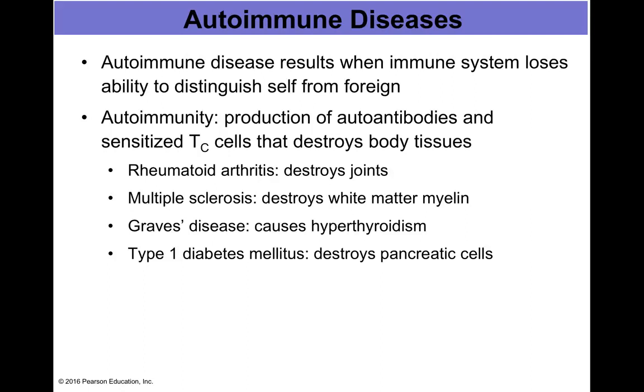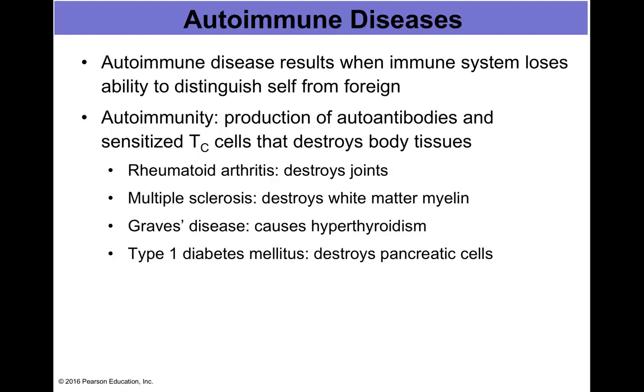Some of the diseases considered to be autoimmune are rheumatoid arthritis, which targets the cells between your joints. Multiple sclerosis, or MS, which destroys the white matter formed around your neurons.